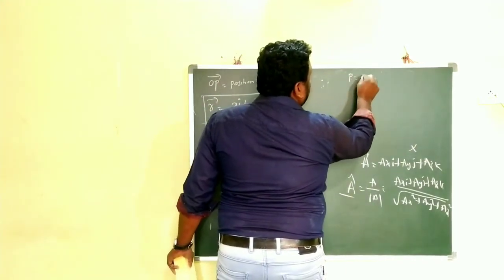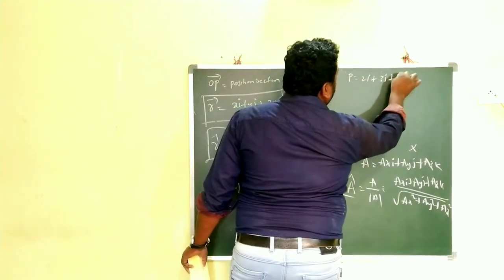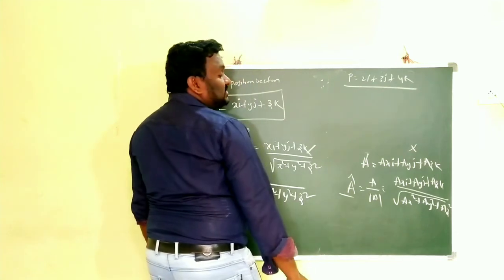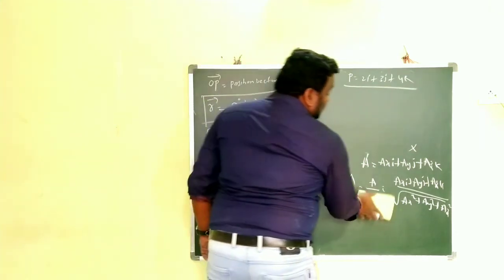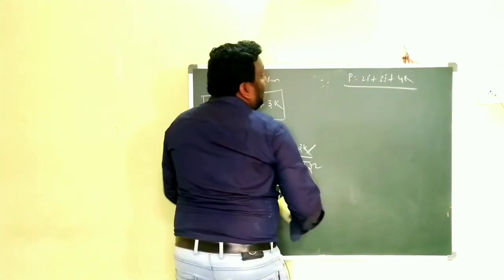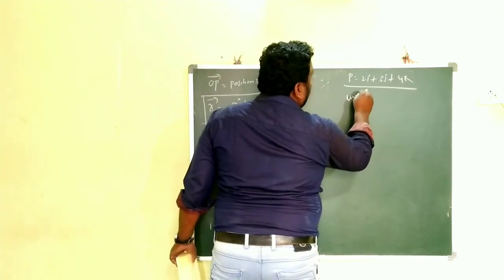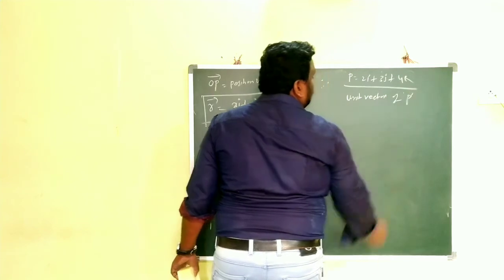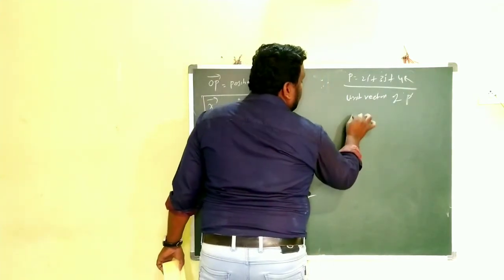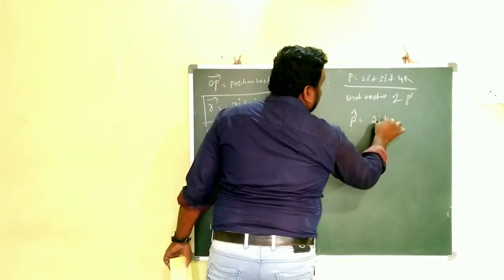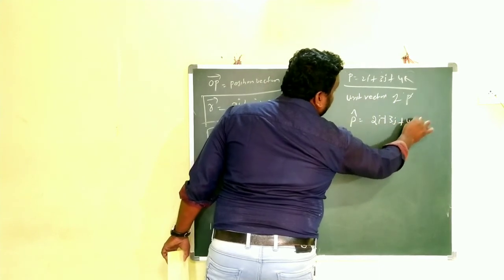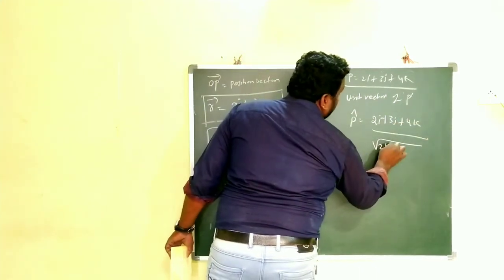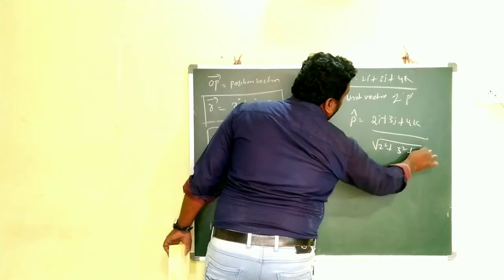For example, here P is equal to 2i plus 3j plus 4k. The vector P is 2i plus 3j plus 4k. Then find the unit vector of P. So then what, children? P cap is equal to 2i plus 3j plus 4k divided by the square root of 2 square plus 3 square plus 4 square.